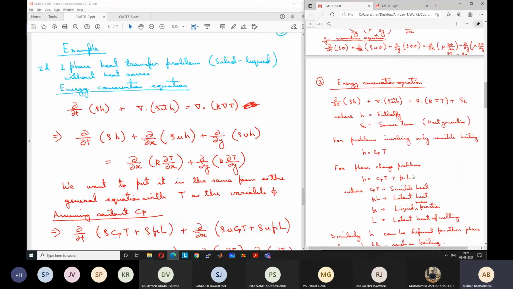If the full control volume is liquid, it means 1 into L, so the total extra latent energy is L. If none of it is liquid, then f_l is 0, and latent energy is 0 in that control volume because it is solid. So it gives us the variation in latent energy with the liquid fraction. Mass fraction, sorry, not volume fraction. This is the mass fraction of liquid.